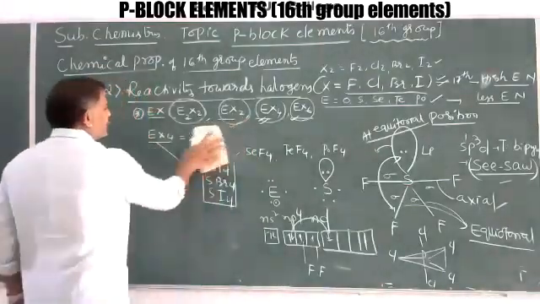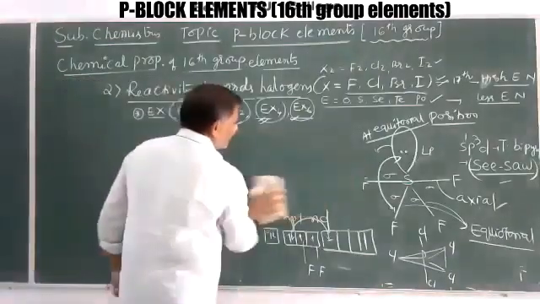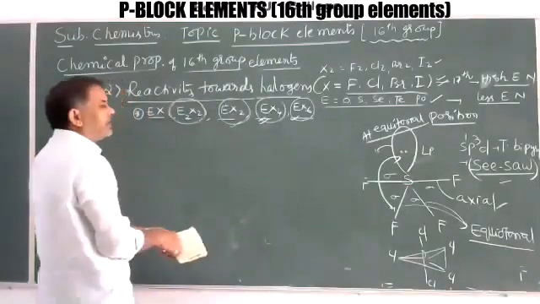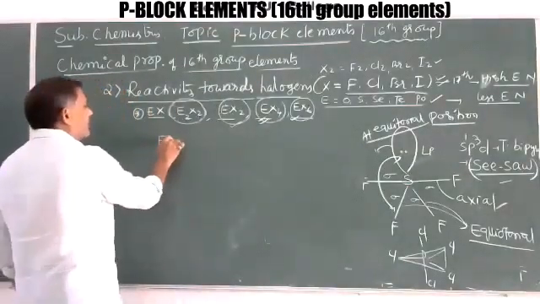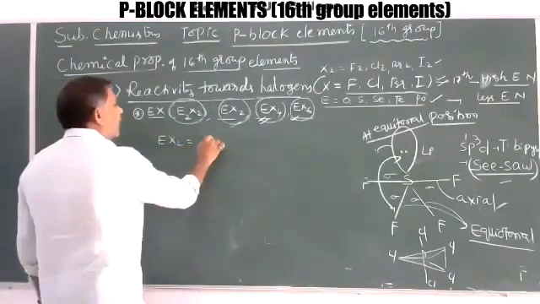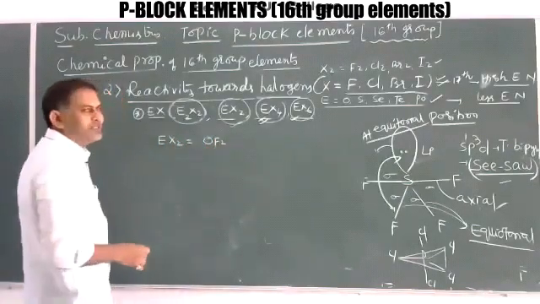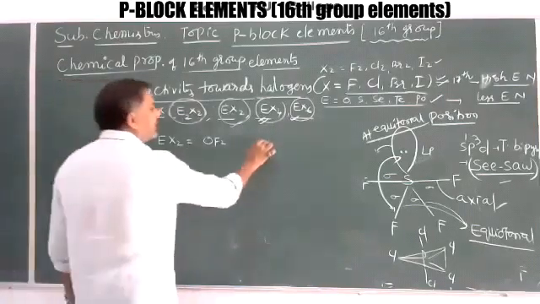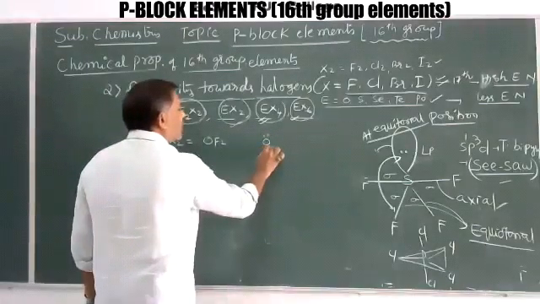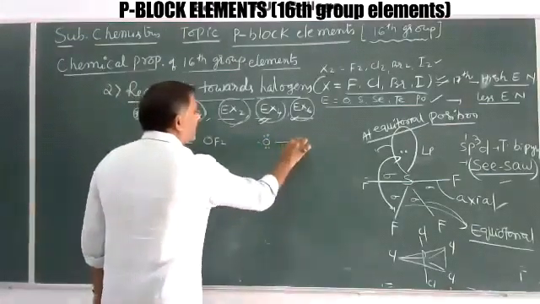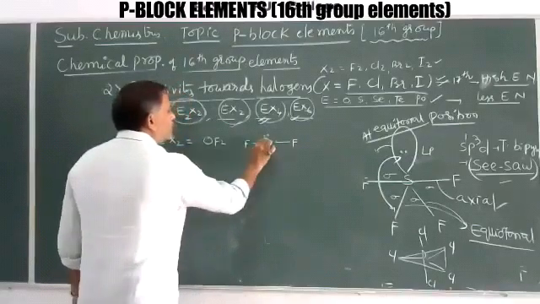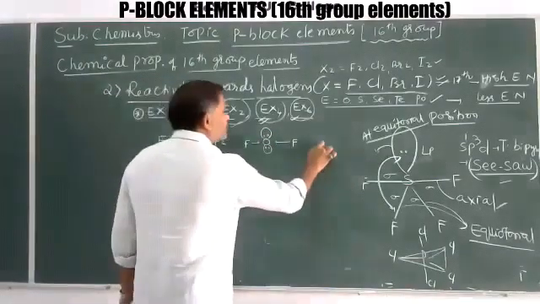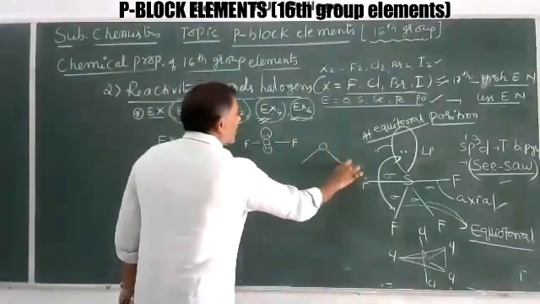The next one is dihalides, the 16th group elements' dihalides. Generally, dihalides means EX2, like this. OF2 also forms; due to the absence of d orbitals, it cannot excite. On the oxygen atom there are 2 lone pairs and 2 unpaired electrons, bonding with fluorine and fluorine. But due to the presence of these 2 lone pairs, repulsions take place and it takes an angular shape.